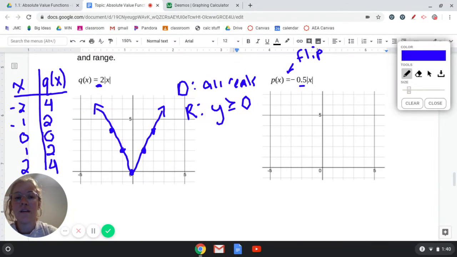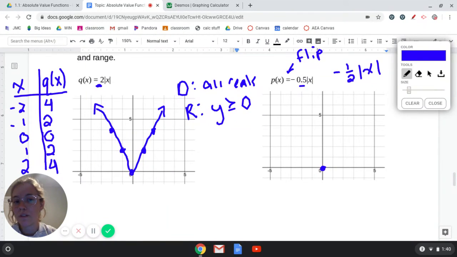So remember that this 0.5 is the same as 1/2, so I'm going to write this as -1/2 times the absolute value of x. So that means the slope is -1/2, or the slope is 1/2. Okay, and it points down. So since we're not moving left or right, you know the vertex is at 0, 0.